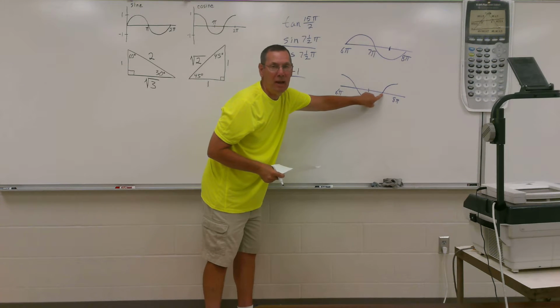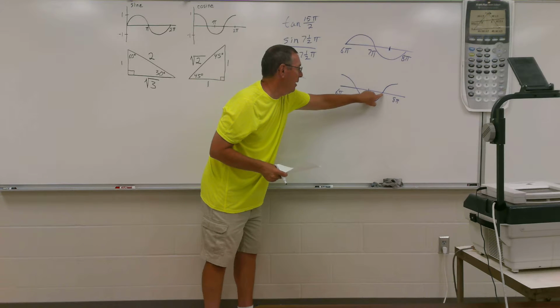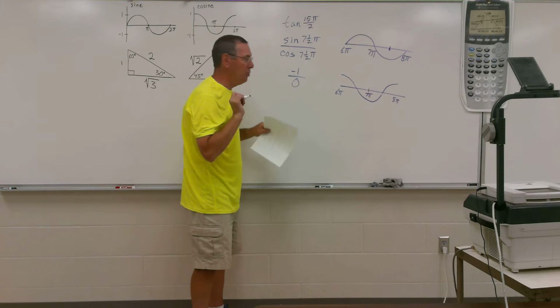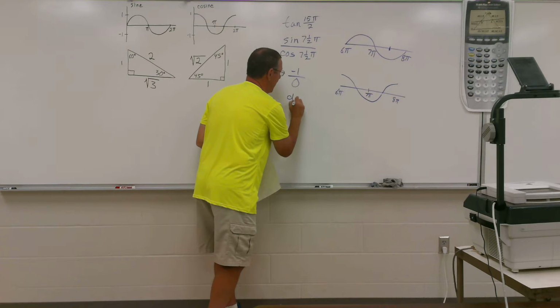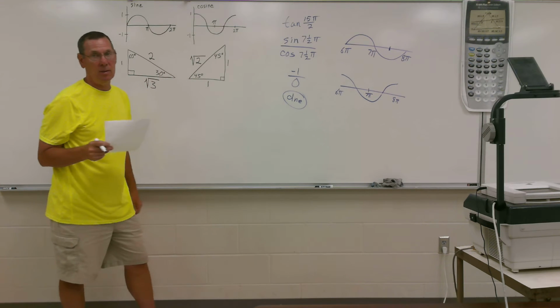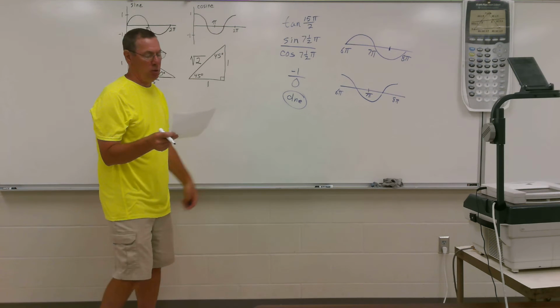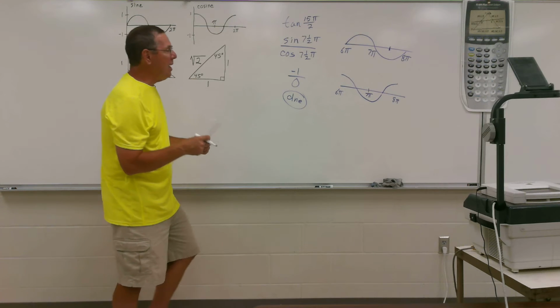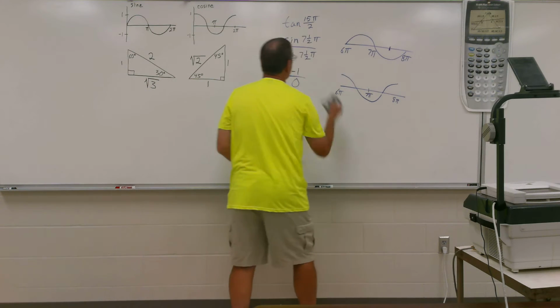Right there would be 7.5 pi's. And that curve is up 0. Remember, nobody can divide by 0. Nobody. So this would be a does not exist or an undefined. One of those things would be a good answer. A little bit more work because it's tangent. We have to go sine over cosine. Next problem, cosine of 47 pi.